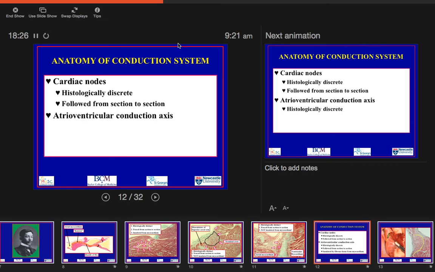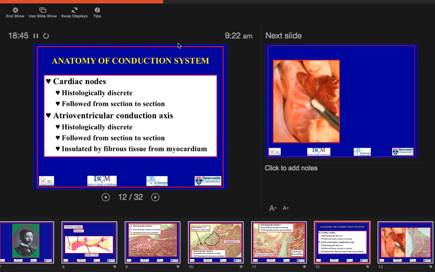It is the atrioventricular conduction axis, which is the tract, which, if conduction is normal, ensures that the impulse is delayed in the atrioventricular node, disseminated through the bundle branches. And it is that axis that fulfills the three criteria initially suggested by Aschoff and Monckeberg.